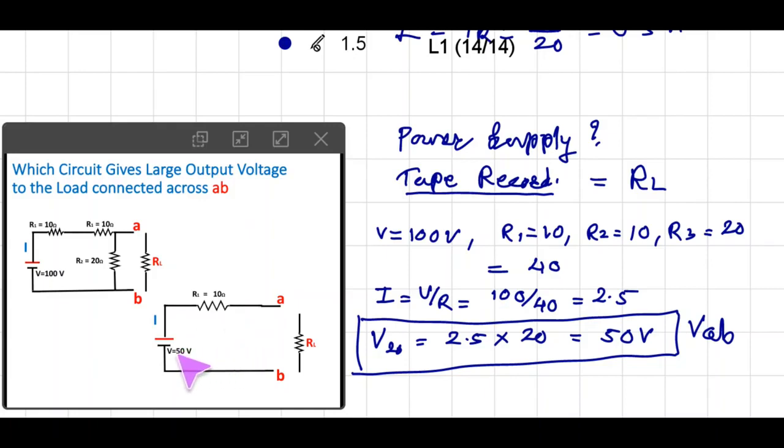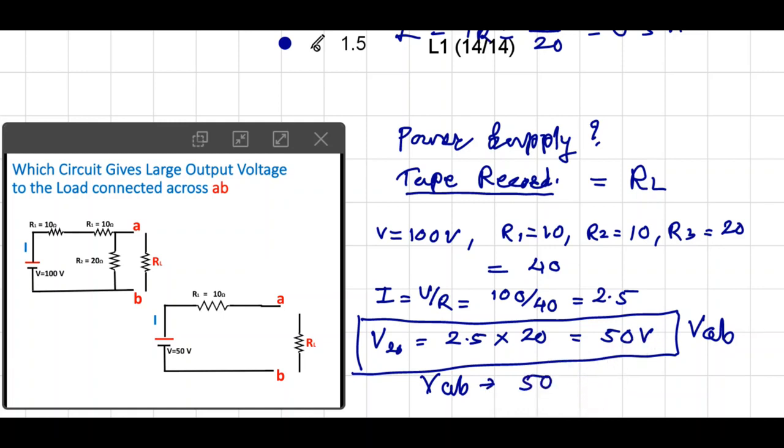Here it is a 50 volt source and resistance is only 1. But we already saw that if the A and B terminals are open, that means the resistance between them is infinite. If it is infinite, the total voltage will appear across A and B, so the output voltage V AB in the second circuit will be 50 volt.